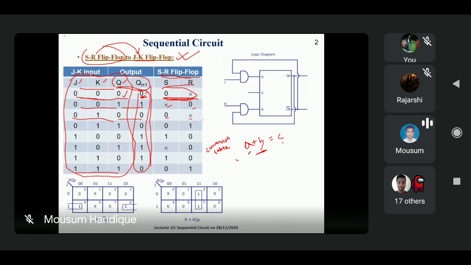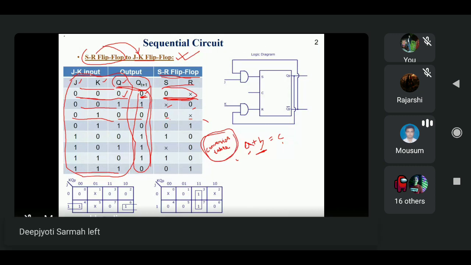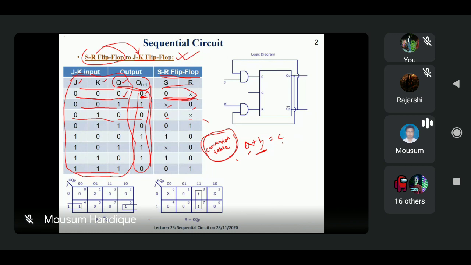This table is called a conversion table. Remember, this one is called a conversion table. From this conversion table, we can directly draw the K-map. So how can we construct the K-map?